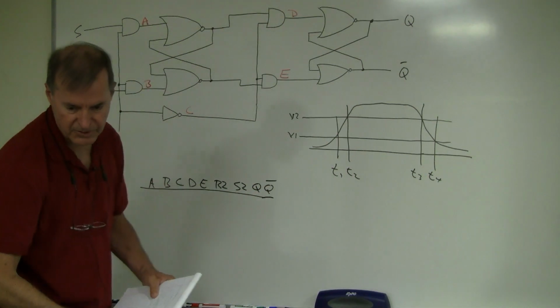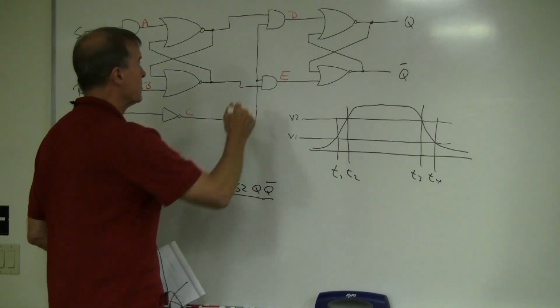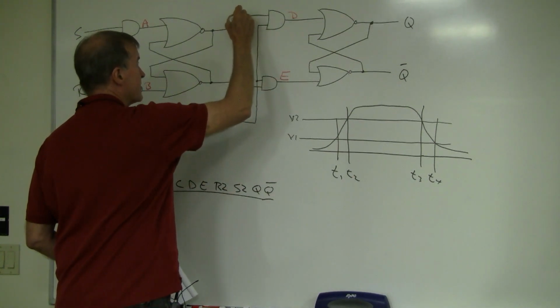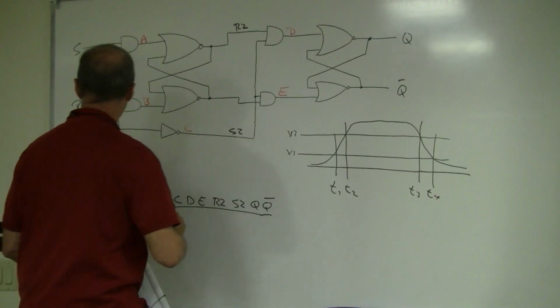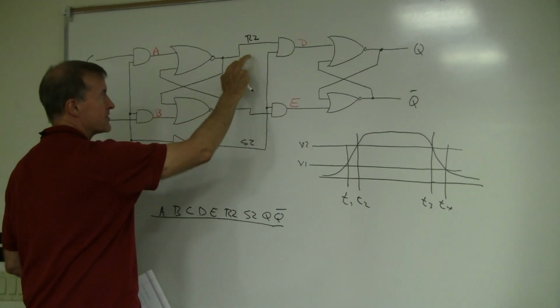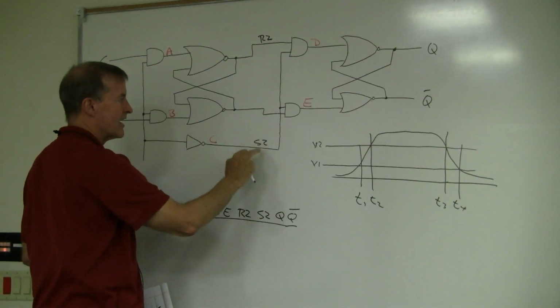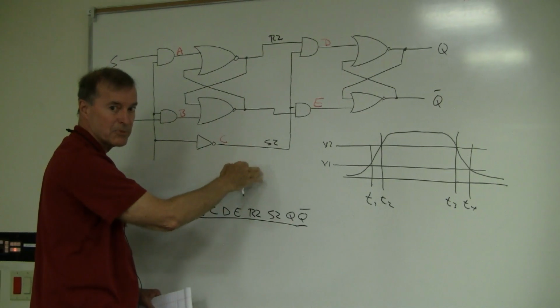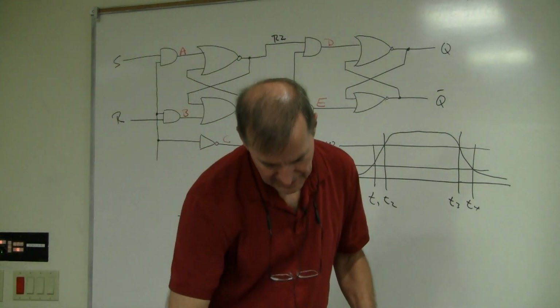Now what were R2 and S2? R2 and S2 are these. These were already given in the original. This is R2 and this is S2. All right, this is S and R. So this is the internal R. This is the R of the slave, and this is the S input to the slave. All right?